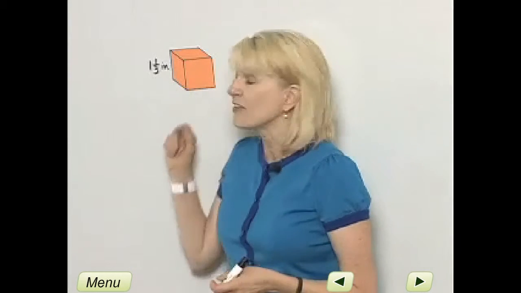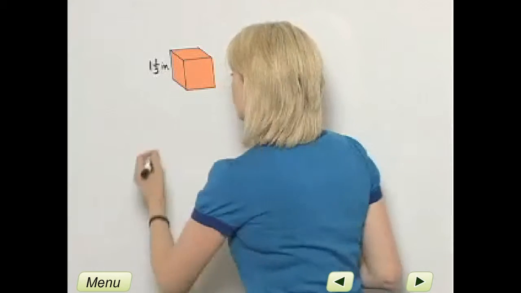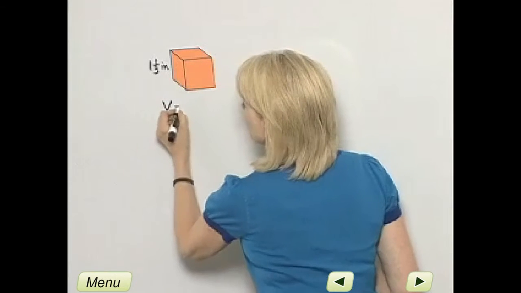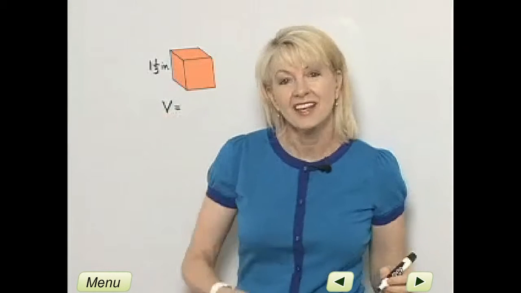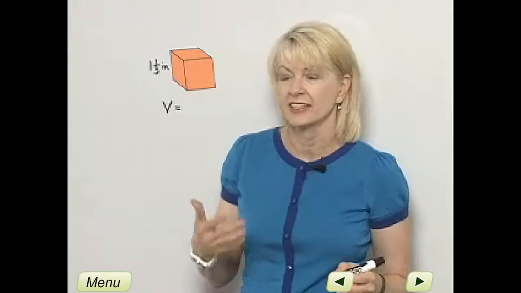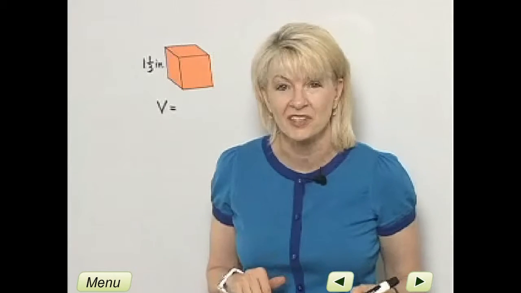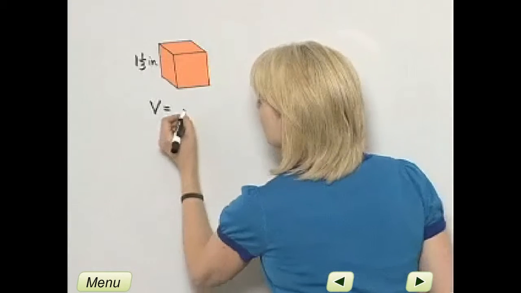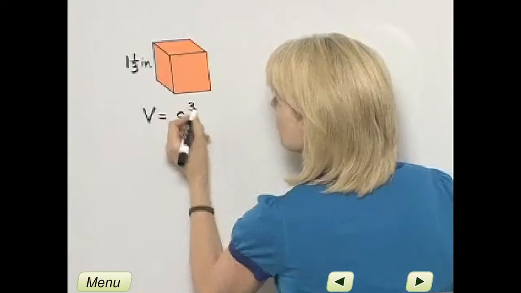Let's continue finding volume, and don't forget that volume is measured in cubic units. Now I'd like to find the volume of this cube. So remember the volume formula for the cube, it's side times side times side, but in a cube, those measurements are all the same, so we can write it as side cubed.